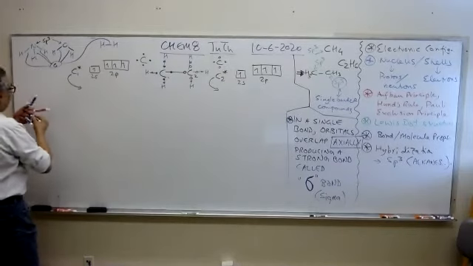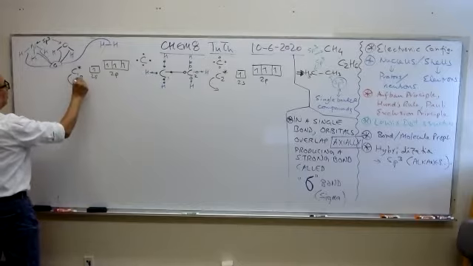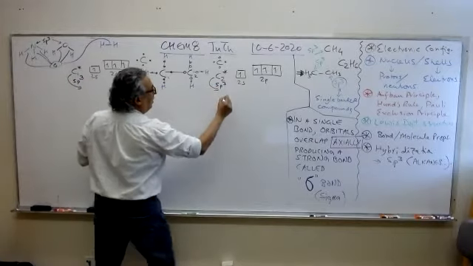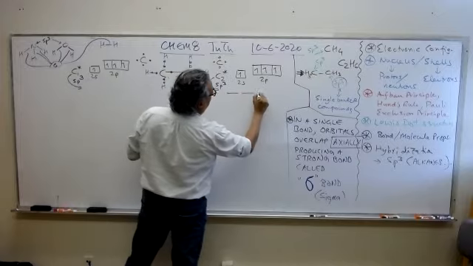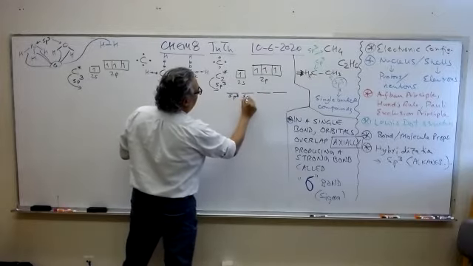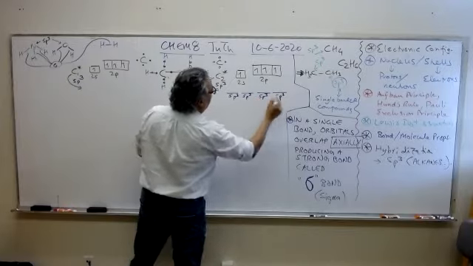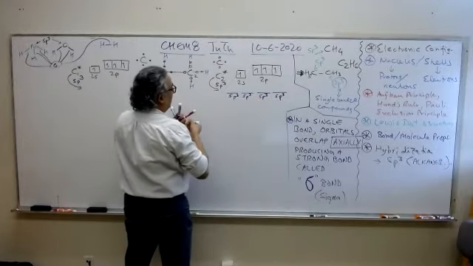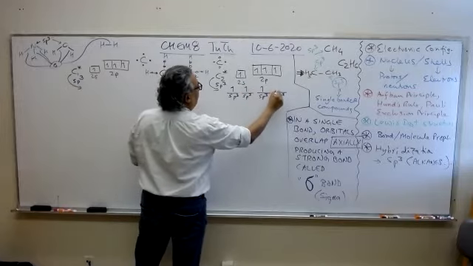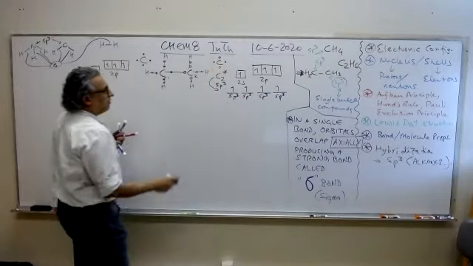That hybridization is called sp3 hybridization. This guy also undergoes sp3 hybridization to produce 4 identical sp3 hybrid orbitals. These are the 4 electrons, the round electrons.